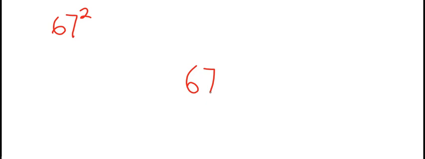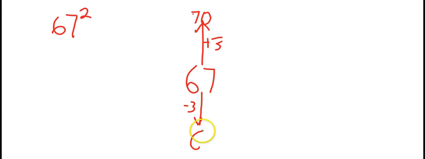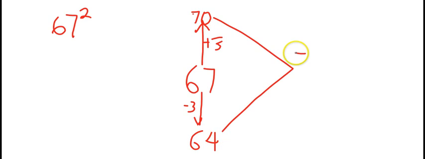It means I have to move up, and the closest tenth to 67 is 70. And from 67 to 70, it means I add 3 to get 70. So I have to subtract 3 from 67, and that will give me 64. And so I have 70 to multiply by 64.